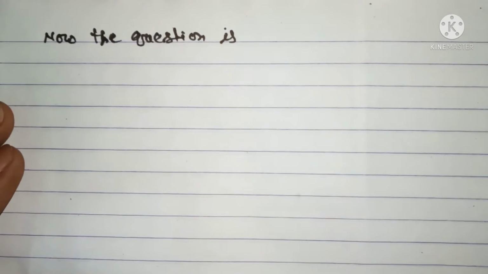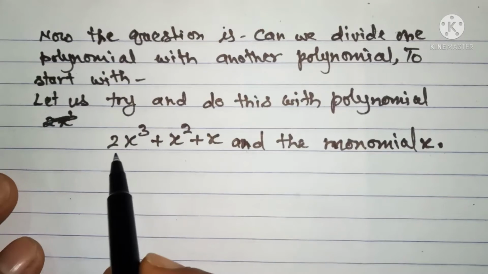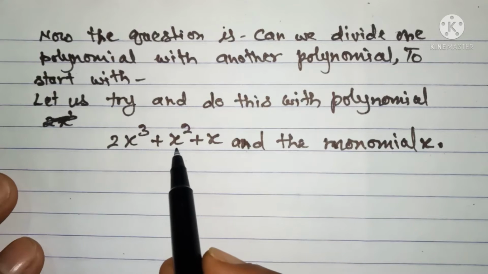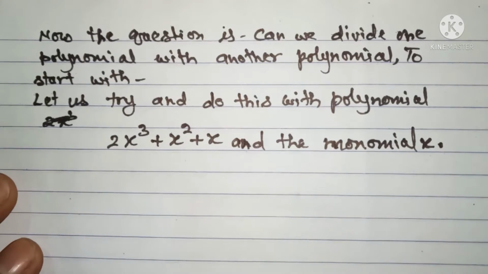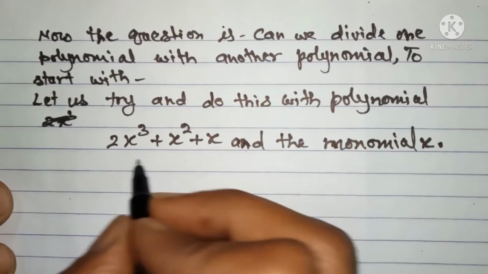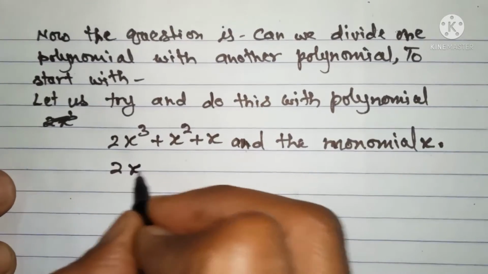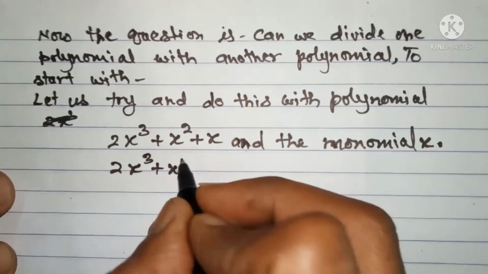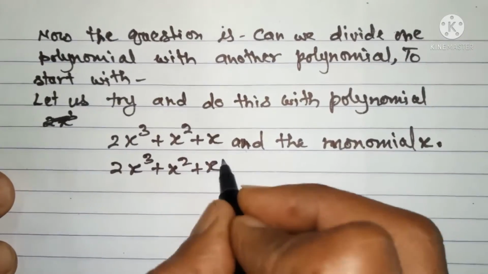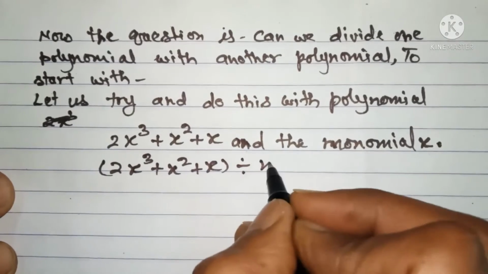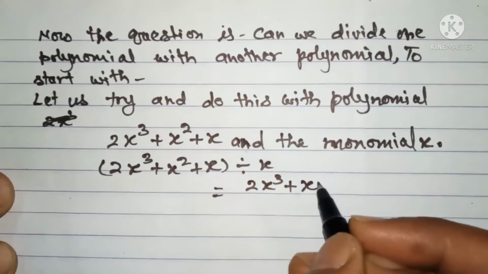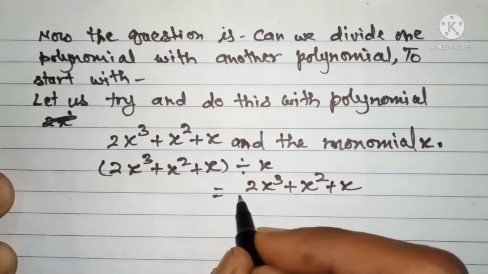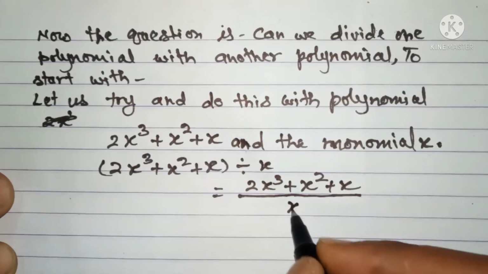To start with, let us try this with the polynomial 2x to the power 3 plus x square plus x and the monomial x. We can write it as 2x to the power 3 plus x square plus x, whole divided by x.